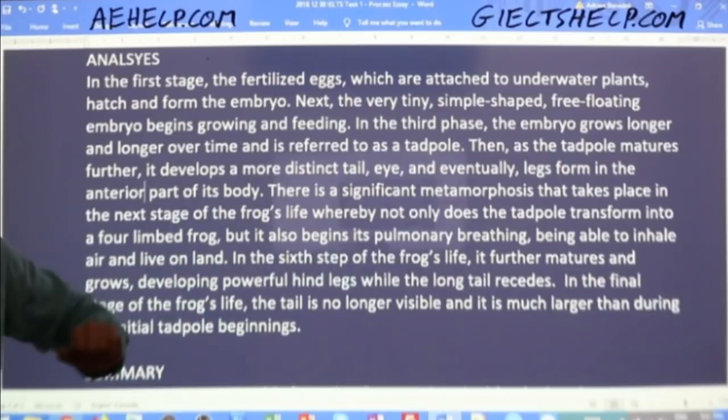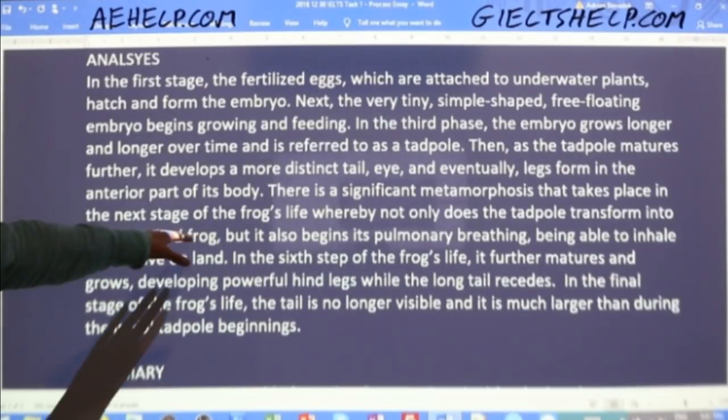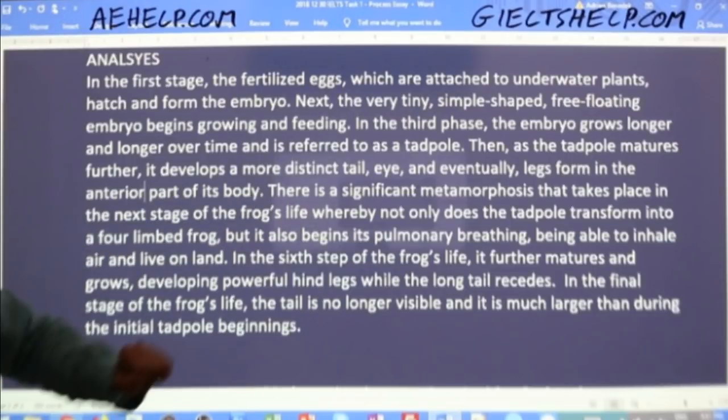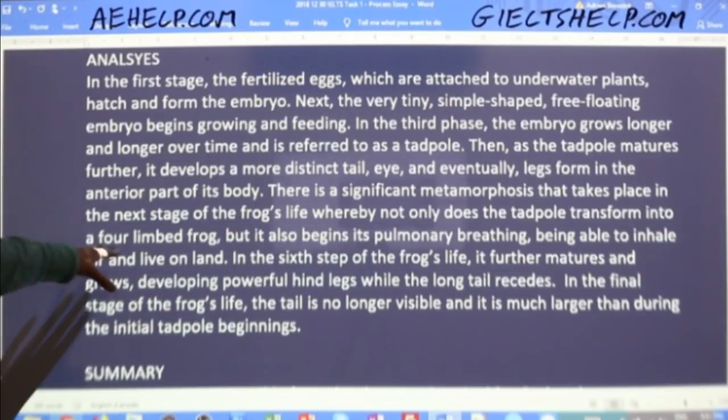There is a significant metamorphosis that takes place in the next stage of the frog's life, whereby not only does the tadpole transform into a 4-limbed frog, but it also begins its pulmonary breathing, being able to inhale air and live on land.